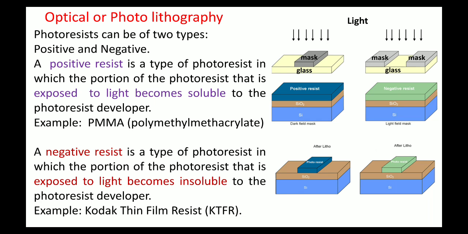If you want the same pattern, then you have to use a different mask for the positive and negative photoresist. So this is very important, that you choose a proper mask for positive or negative photoresist depending upon your pattern.